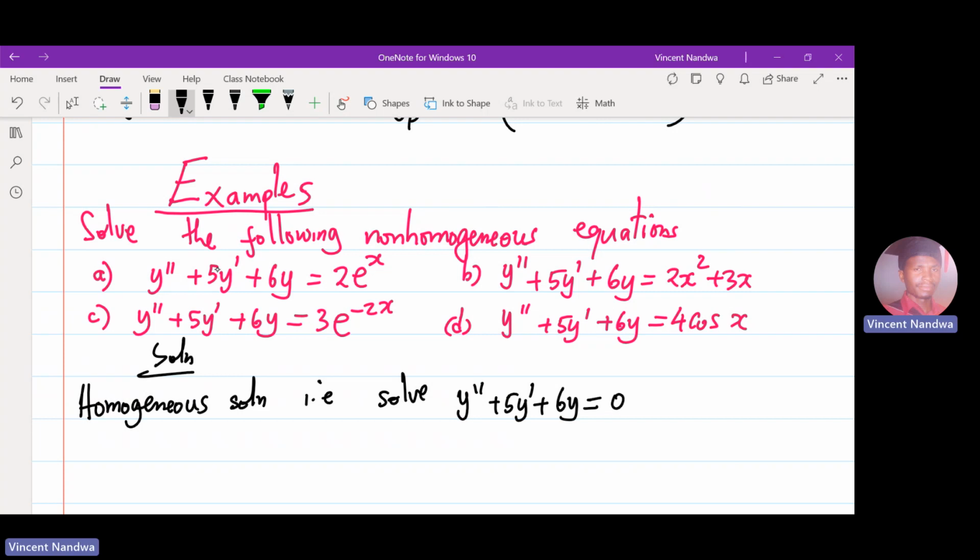The homogeneous solution is obtained by fixing the right-hand side to be 0 and then solving the resulting equation. Can you be trusted with that? Good. Please go ahead and tell me what is yh. Solve this differential equation, using just the same techniques we did last time.